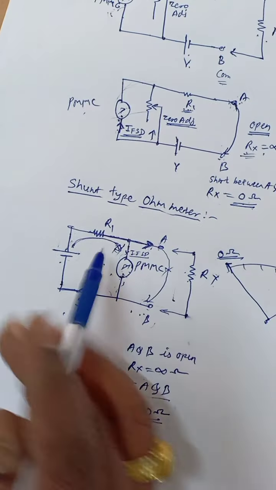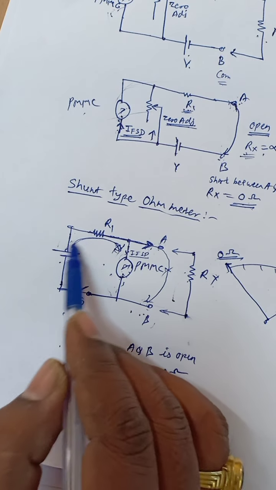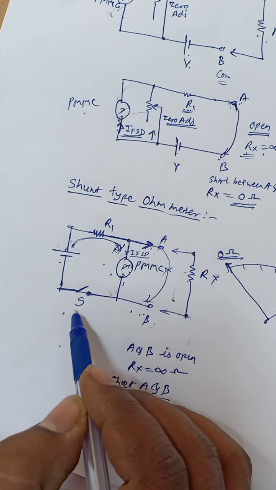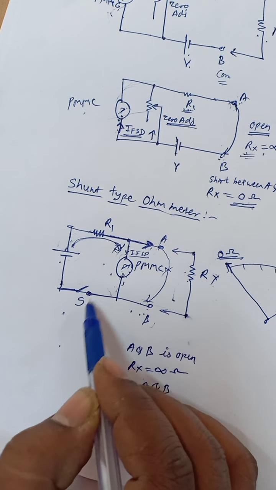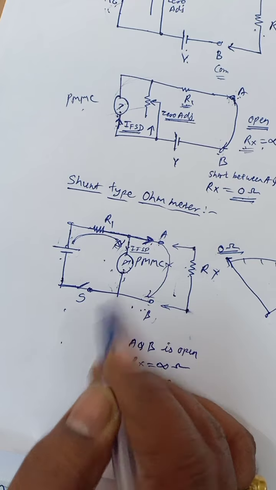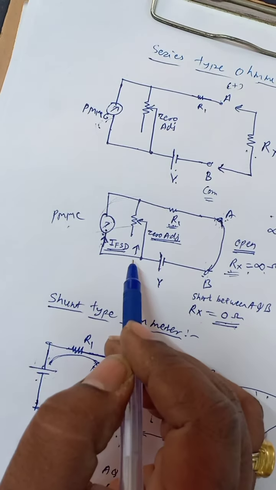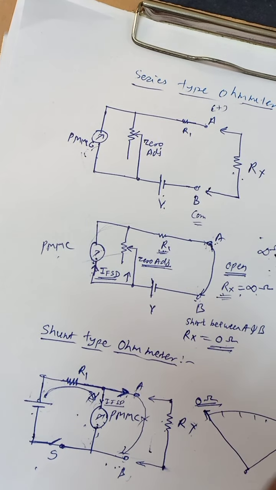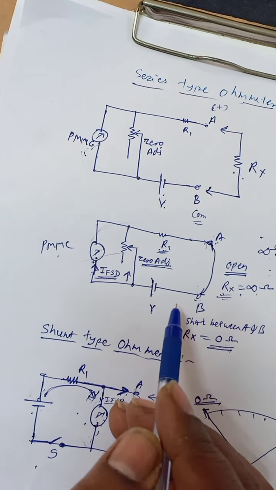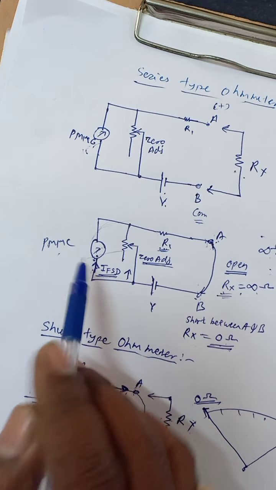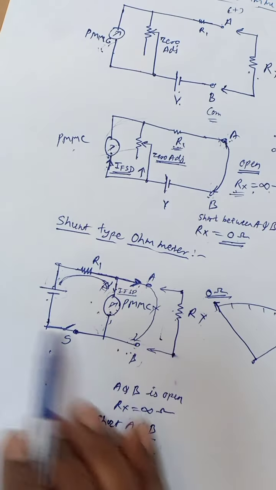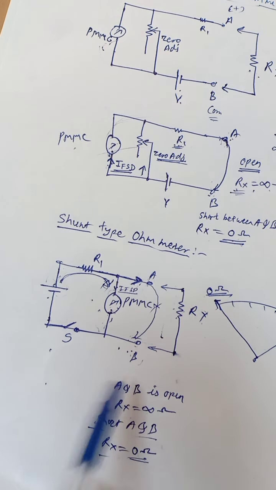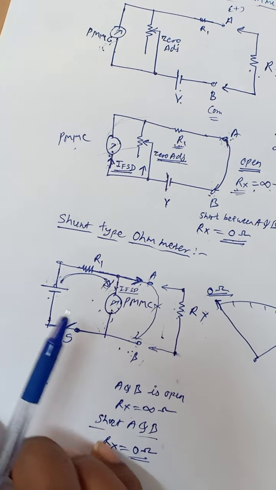So to avoid that, we have to keep the switch open if it is not in use. Here in the series type we don't require the switch arrangement, because when A and B terminals are open, there is no current to this PMMC. But in the shunt type, when the A and B terminals are open, the continuous current flows through the PMMC. To avoid that, we use the switch.